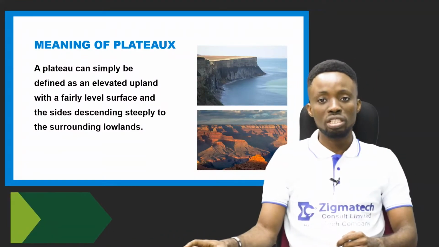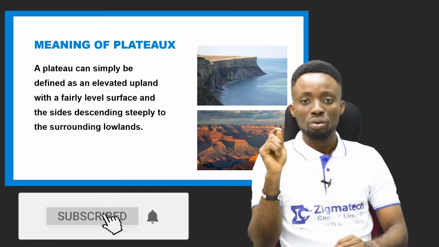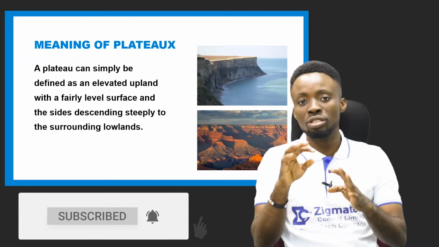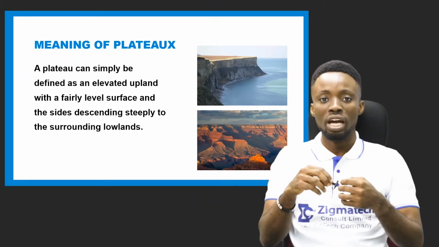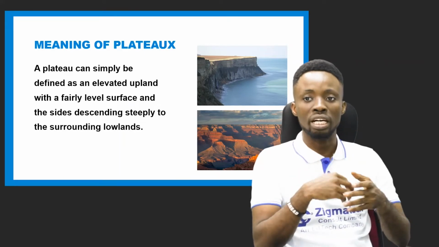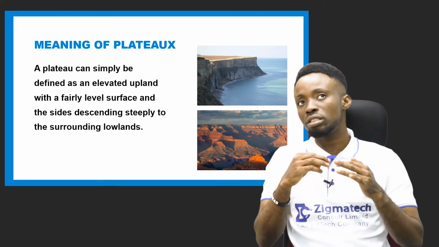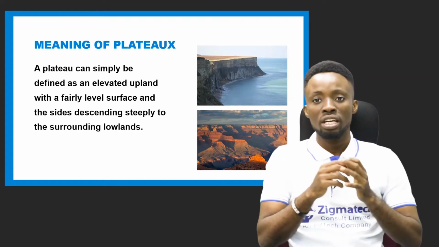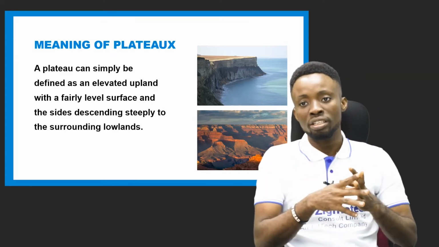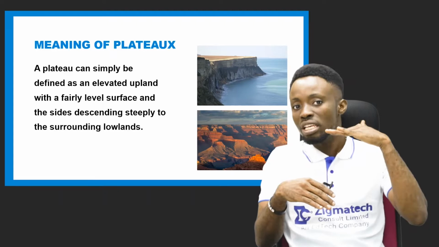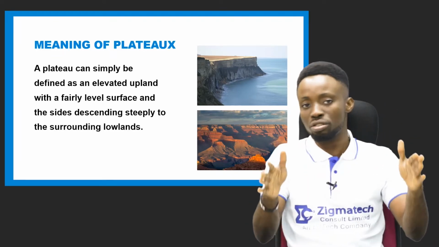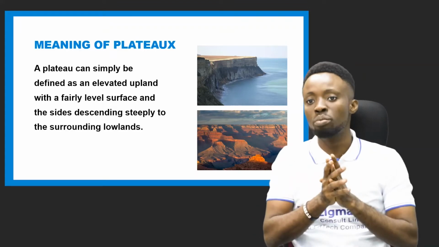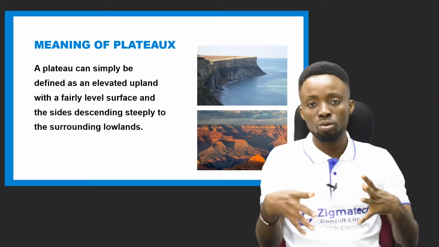So what is a plateau? A plateau is derived from a French word, and it means table land. So we can define a plateau as an elevated upland that has a fairly level surface, and the sides of that upland descend steeply into the surrounding lowland.